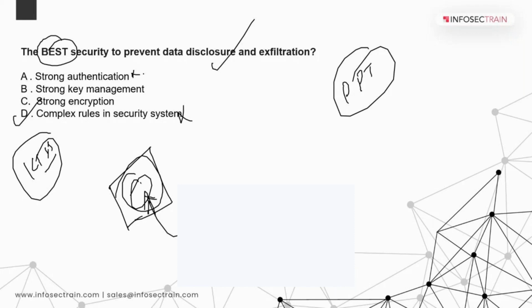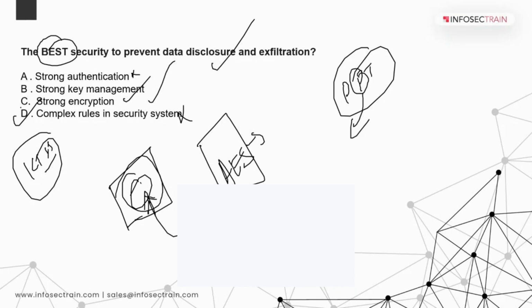So this one is also out. Now you have strong key management and encryption. If you are doing encryption, AES 256, you have already implemented it. Yes, that algorithm is very strong, no one can break it. But what about your key management? In cryptography, data being compromised is okay, but the key being compromised is the biggest concern, right? And again, your PPT, you have to fix. You have encrypted, but you are not managing your key. What happened?